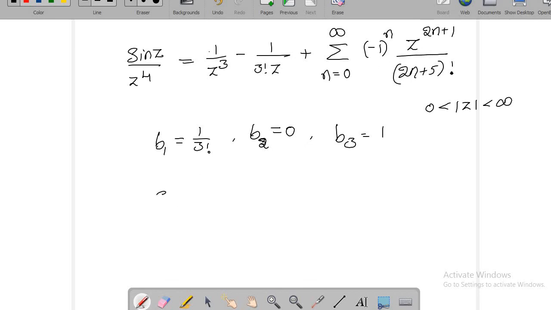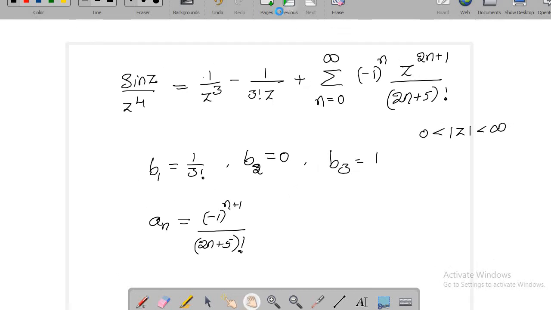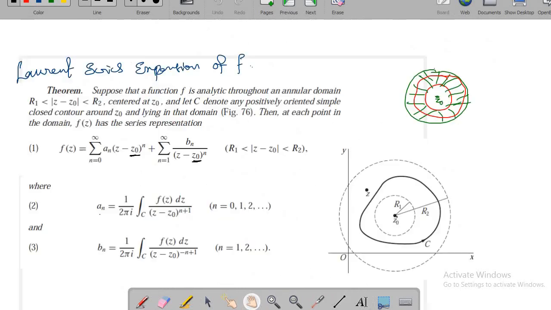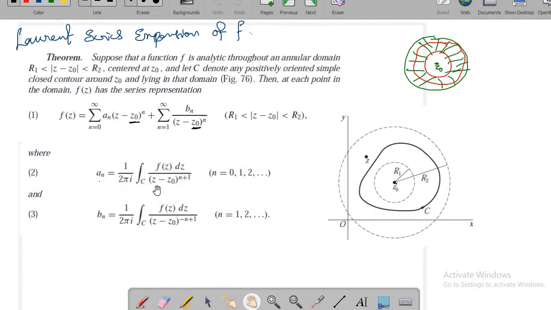And in this expansion, what is an in the Taylor series part? That is negative 1 to the power of n plus 1 into z to the power of 2n plus 1 by 2n plus 5 factorial. This is what an is. See, mostly to derive Laurent series expansion, we don't use these formulas. We'll write the expansion from the known formulas itself. While calculating residues only, we may take help of this formula.